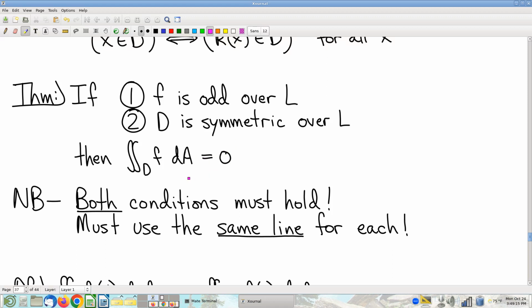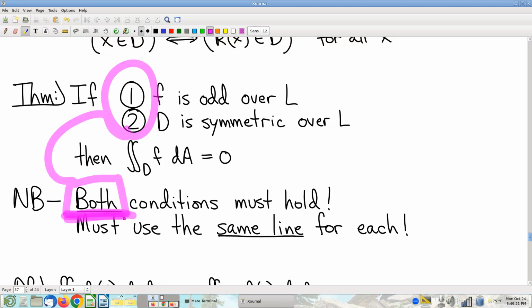Okay, 2 words of warning. Both conditions have to hold. So many students, justifiably enthusiastic about symmetry because it's such a powerful result, will see a symmetric domain and forget to check that the function is odd. And then they claim symmetry when there is no actual symmetry argument, and you got nothing.